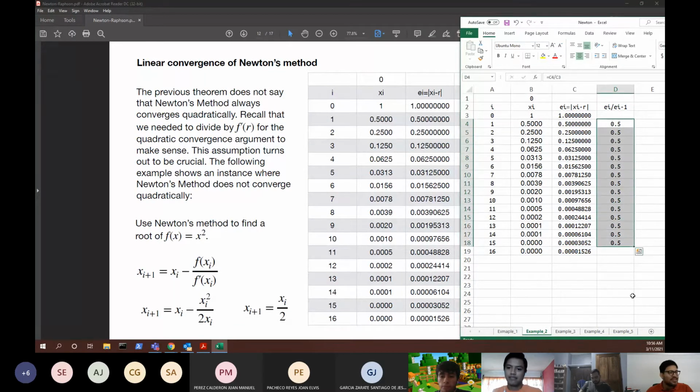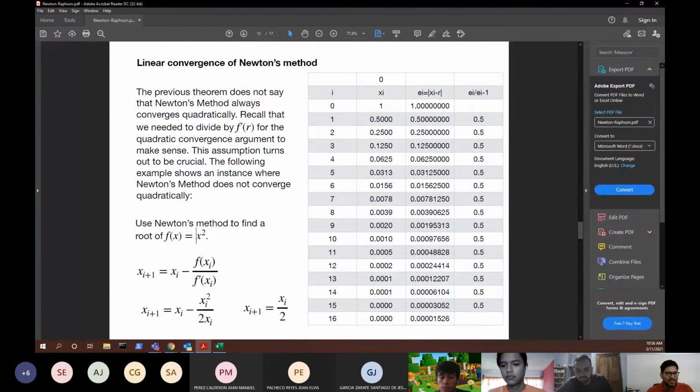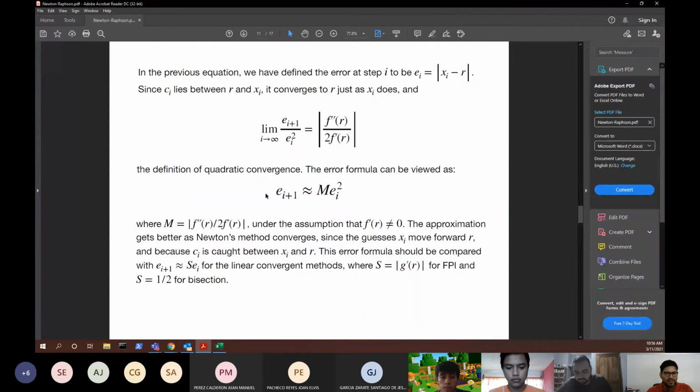Vean cuál es el valor de m en este caso. Un medio. ¿Por qué? Porque acuérdense que el valor in this case is actually defined by this one. M is this. If you analyze the second derivative of this one, it's going to be 0 because you only have x and then you have this one equal to this one.